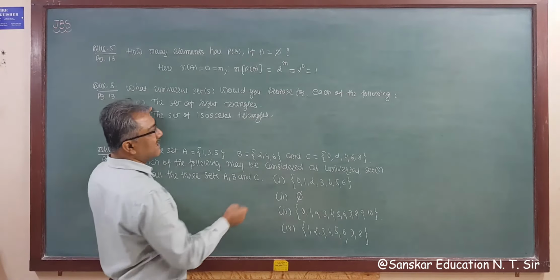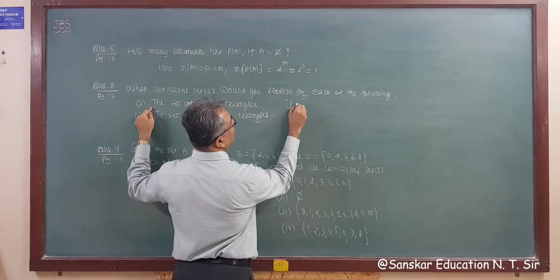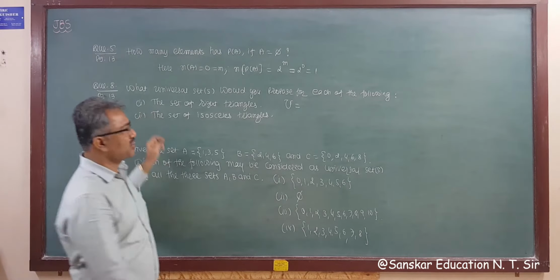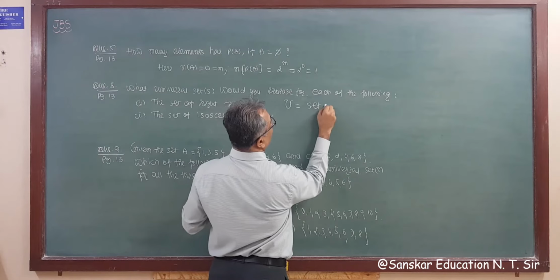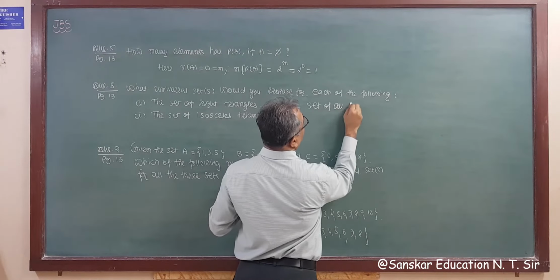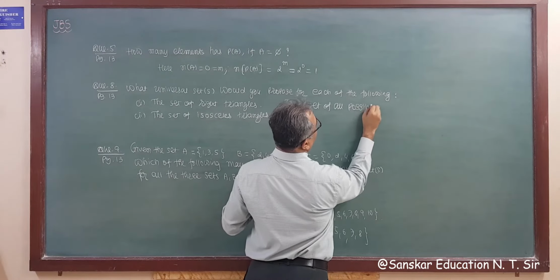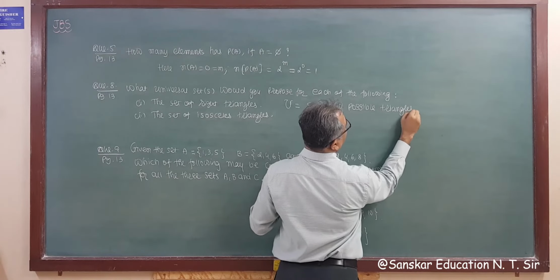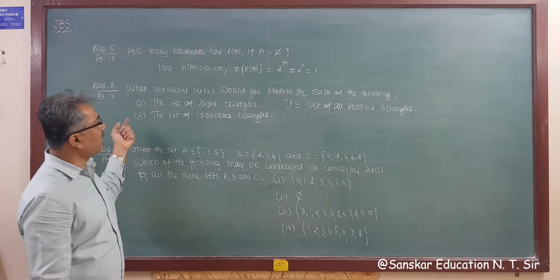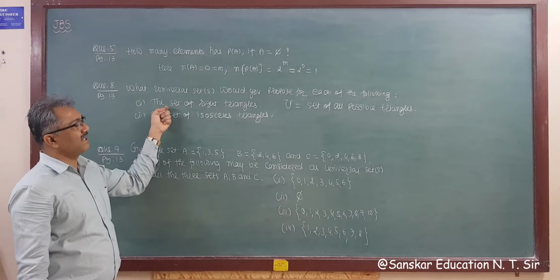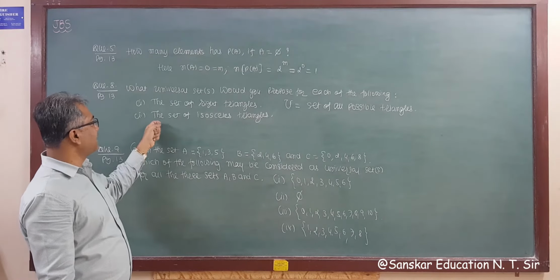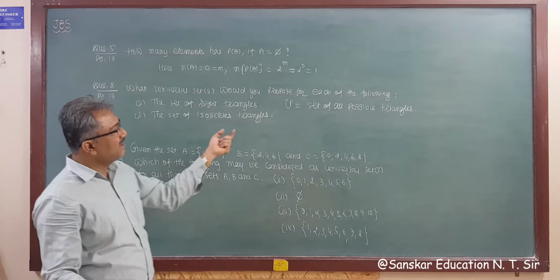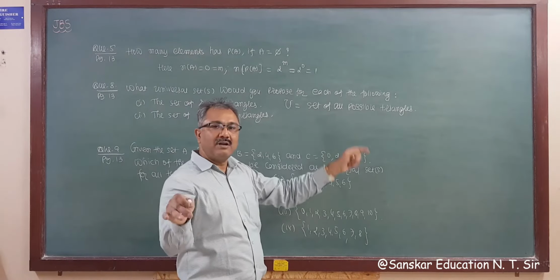So the universal set U is equal to the set of all possible triangles, right, is the proposed universal set for the set of all right angle triangles. And the set of all isosceles triangles also has the universal set of all possible triangles.